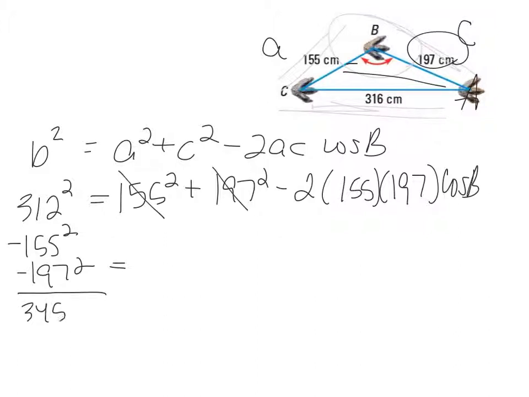Equals negative 61070. Divide both sides.